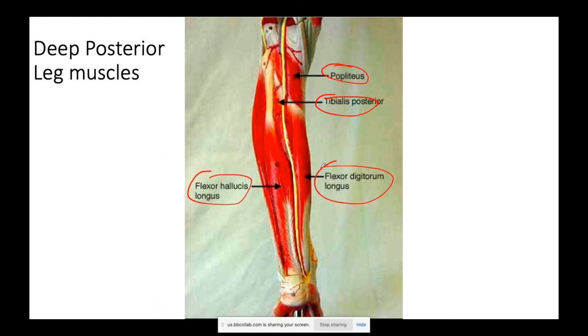So similar concept to, remember what we said of the forearm, flexors are on the anterior, extensors are on the posterior. When we talk about the leg, the extensors are on the anterior leg, the flexors are on the posterior leg. So that's why we see on the posterior side a flexor hallucis going to the great toe and a flexor digitorum going to all the other toes.